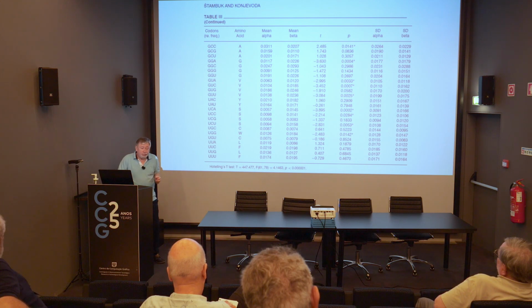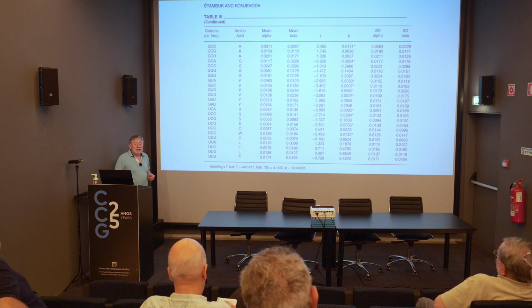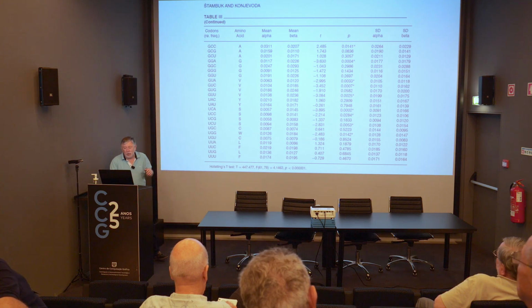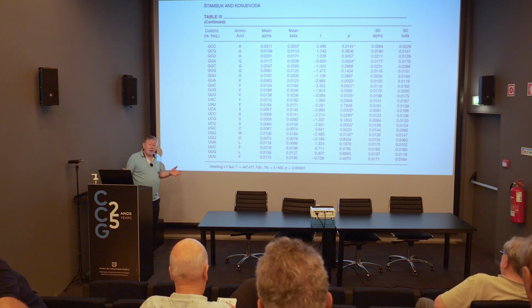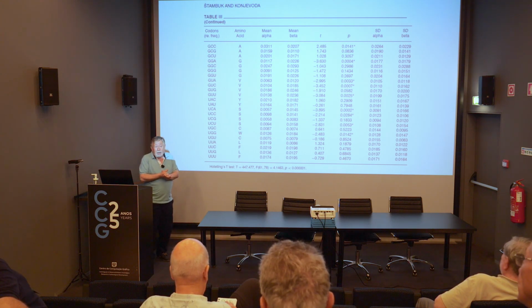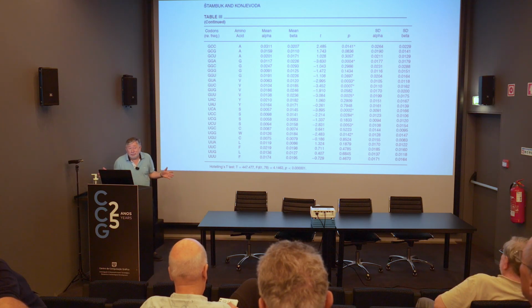I spent some time extracting sequences. At that time, it wasn't so fast as today. It went very slowly. Anyway, when we analyzed, we did simple descriptive statistics, and we found out that it's not degenerate.